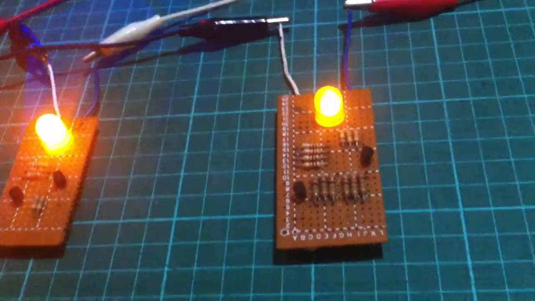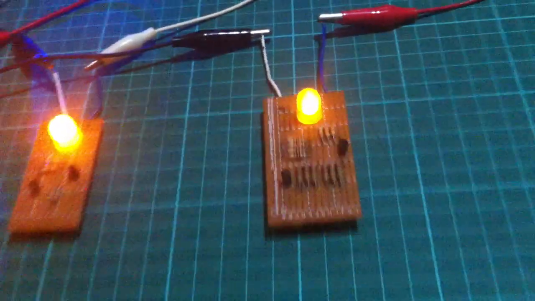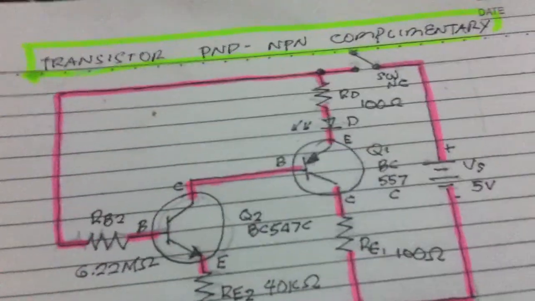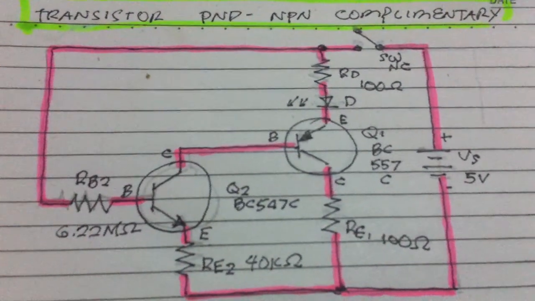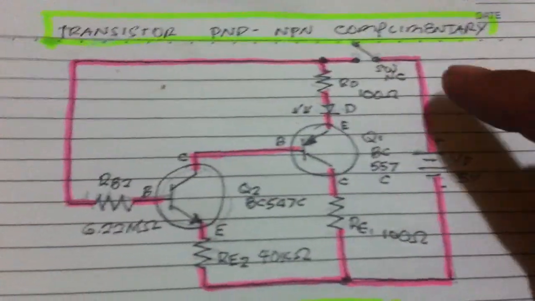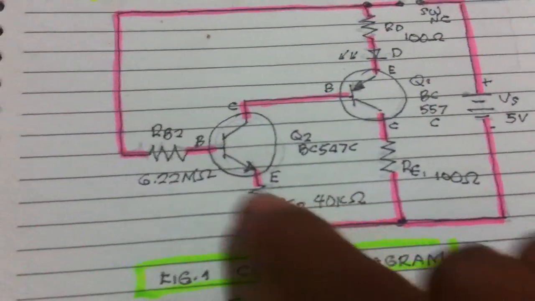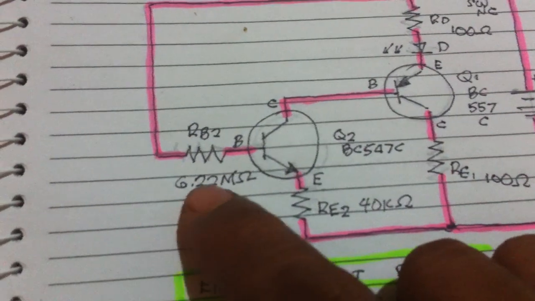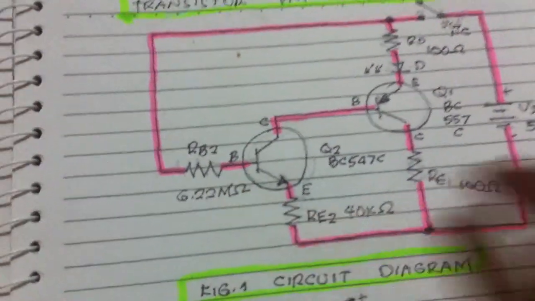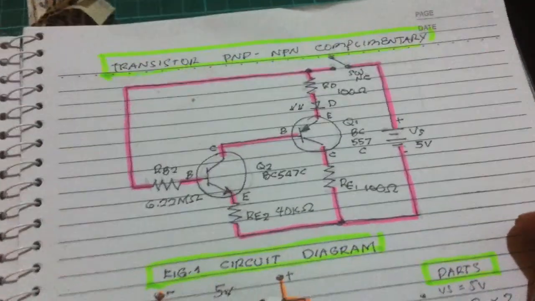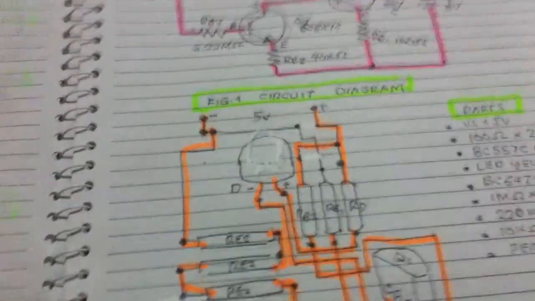Just looking at this circuit, we now have the actual values of each component: 100 ohms, 40 kilo ohms, and 6.22 megaohms, a very big resistance value. And this is our layout.